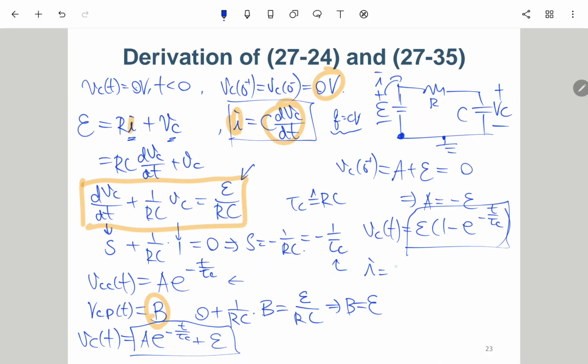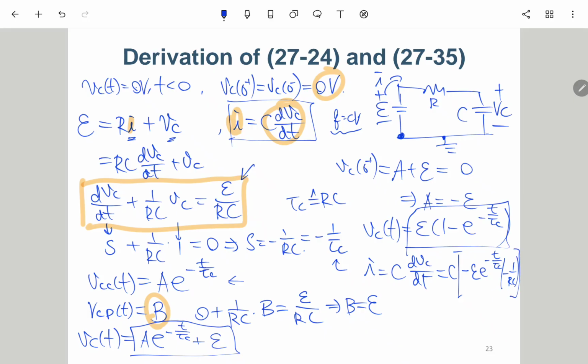I is nothing but C dVc/dt. So for the C, take the derivative. The first one is a constant, and then we have a negative E times exponential to the negative t over tau C, and then for the chain rule, we still have another negative 1 over tau C, which is RC.